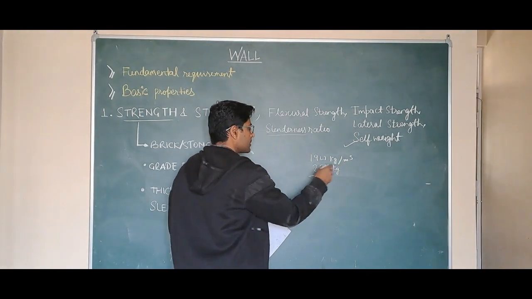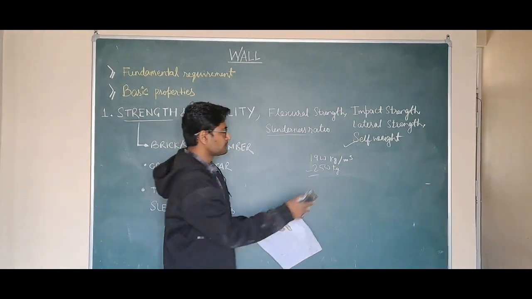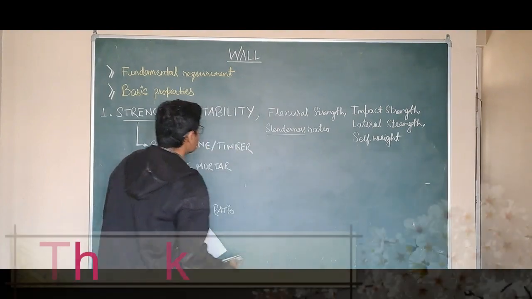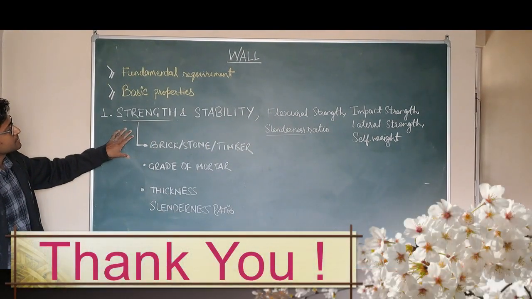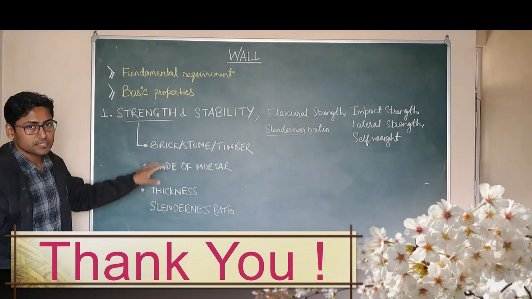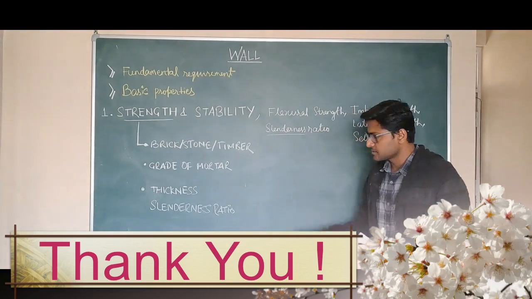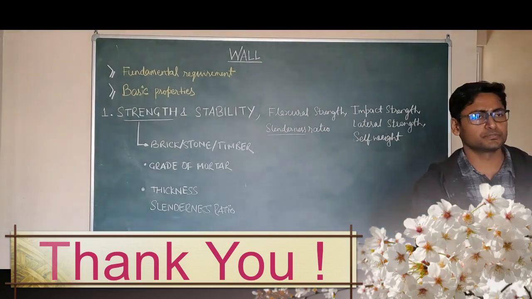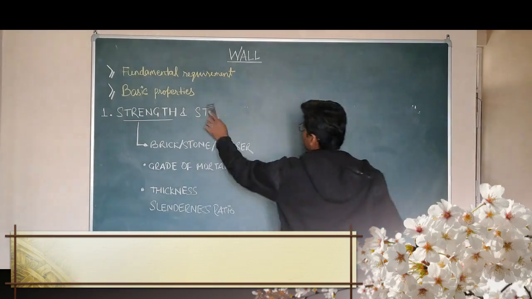In the case of concrete, it will be almost around something like this. In the case of timber, it will be lighter. So self weight also matters, right? So these are the basic properties which decide the strength and stability of the wall. We discussed them in a very brief manner. Whenever you get time, you can study on your own. Next point, what was it? Insulation, right?